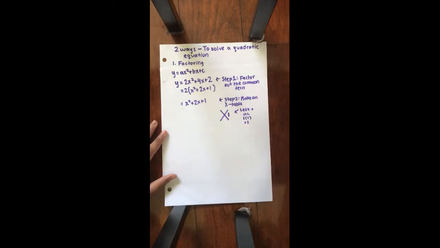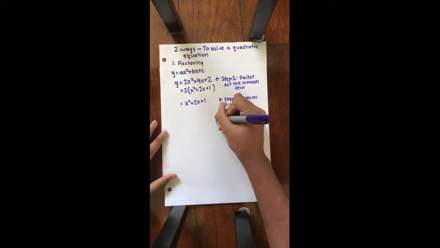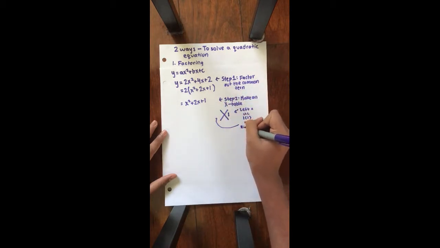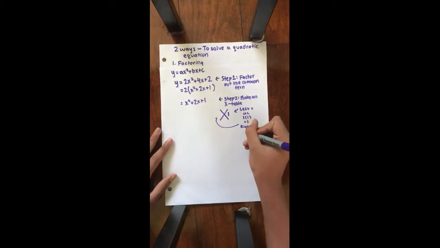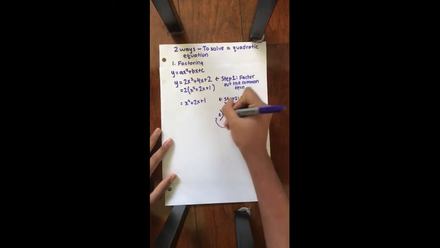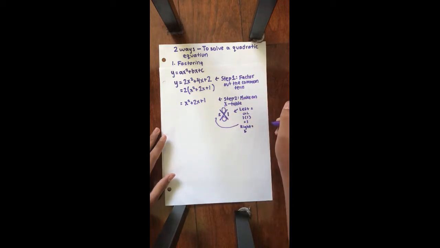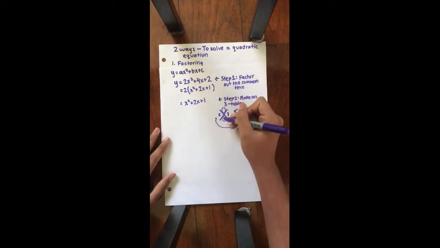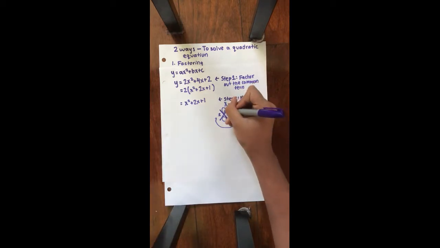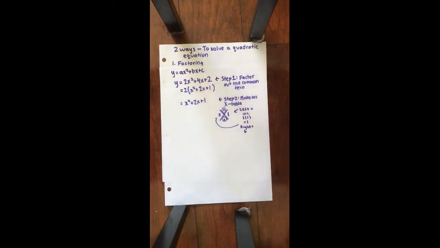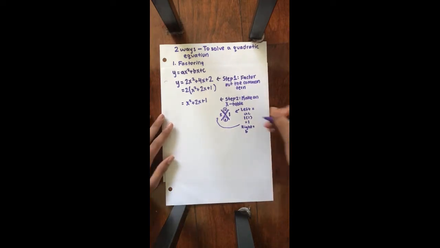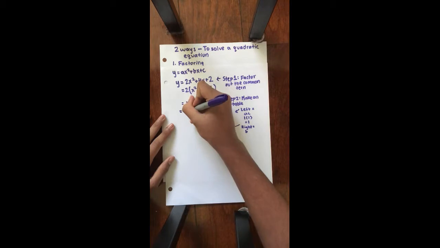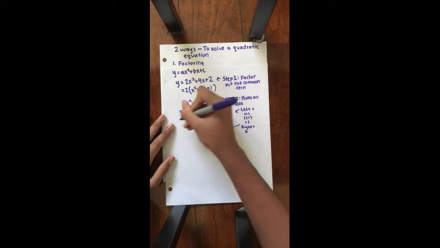On our right side is our b value, which is 2. We need to find which two values multiply to 1 and add up to 2. 1 plus 1 is 2, and 1 times 1 is 1. So we can expand this equation and write it as x squared plus x plus x plus 1.